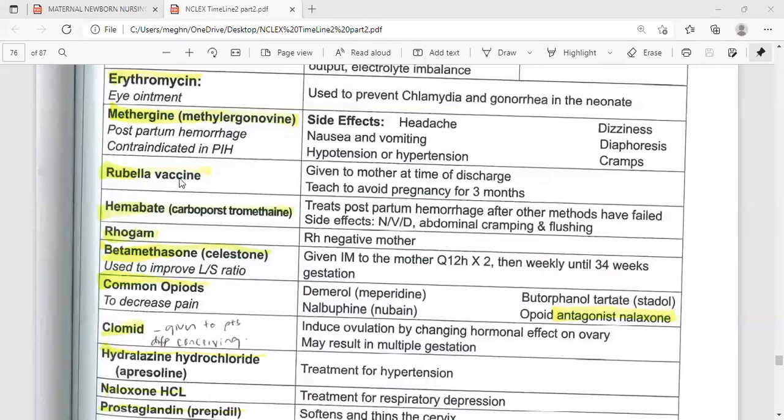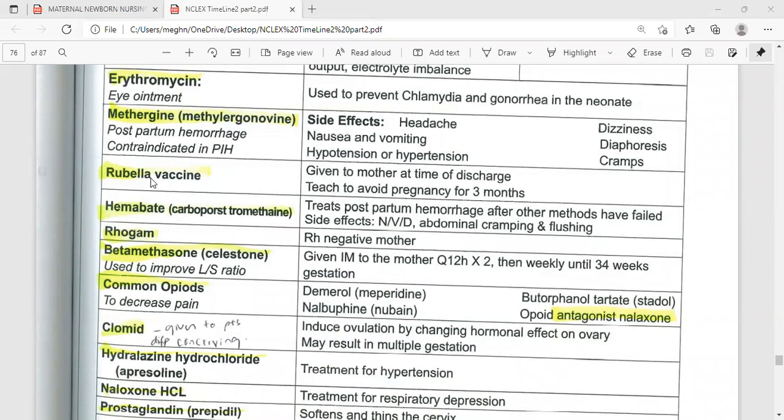So, rubella vaccine, the next drug. The rubella vaccine is a vaccine we use to prevent rubella, right? The rubella vaccine's effectiveness begins 2 weeks after a single dose, and about 95% of people become immune.